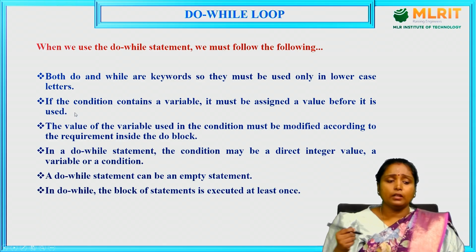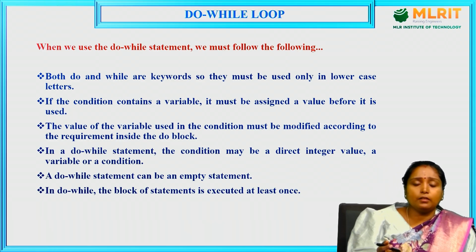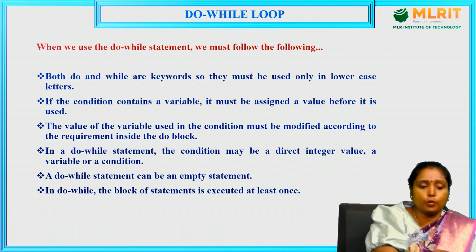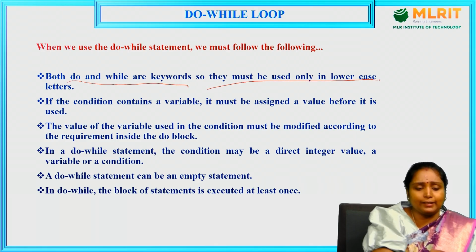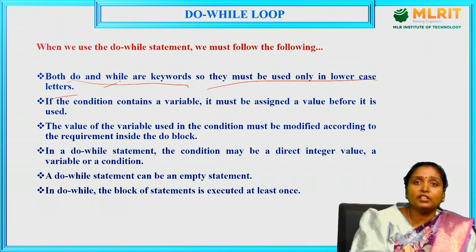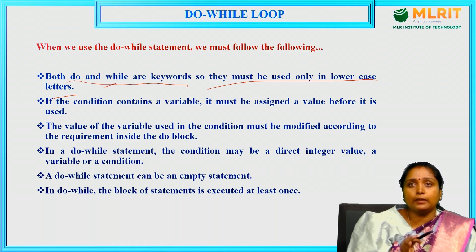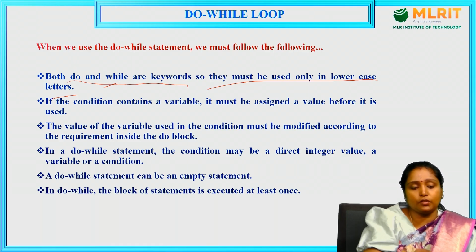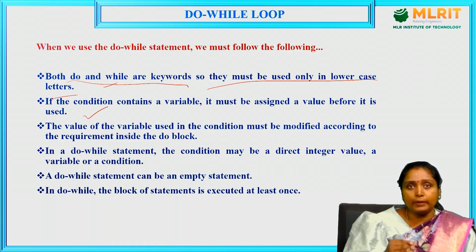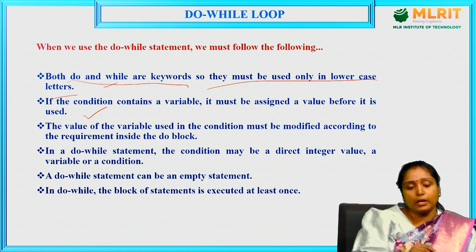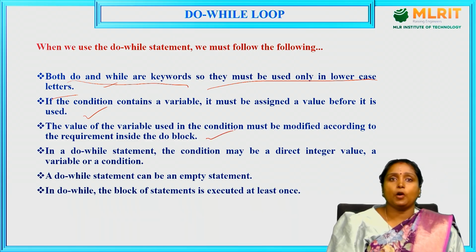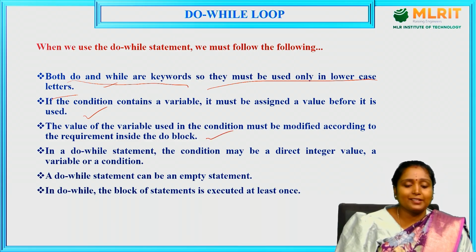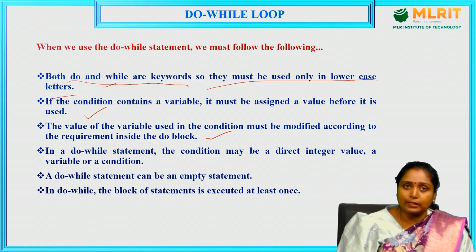Coming to the points you have to note down for writing the do while loop. First, both do and while are keywords here. They must be used in lowercase letters only. If the condition contains a variable, it must be assigned a value before it is used. Initialization has to happen before entering the loop. The value of a variable used in the condition must be modified inside the block, which is nothing but the updation part that has to be taken care of.